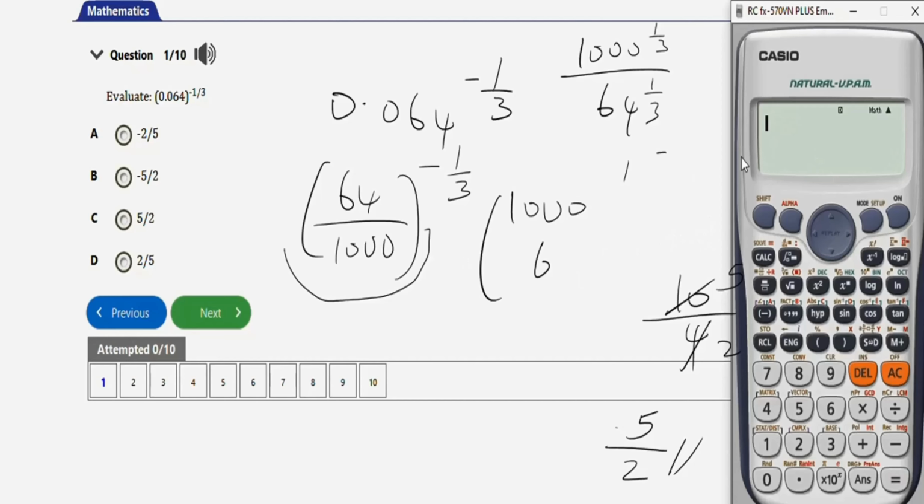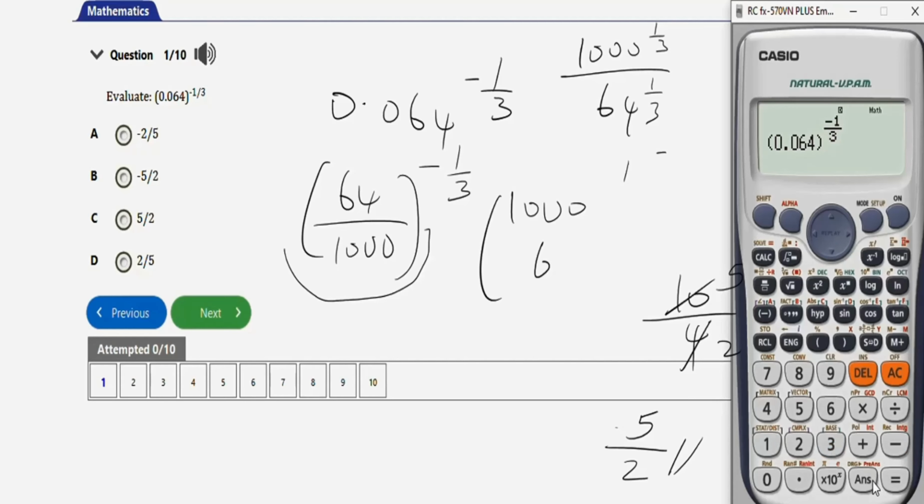Okay, now if you want to solve this with the calculator, let's reset this calculator, guys. Very important. To reset, press shift 9, follow instructions, press 3, press equal to, and press equal to again. So right now the question we have is 0.064 close the bracket to the power, make use of this fraction, minus 1/3.